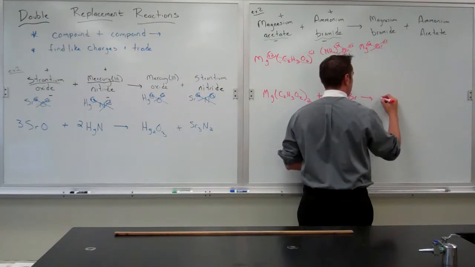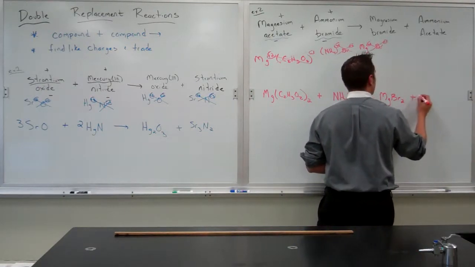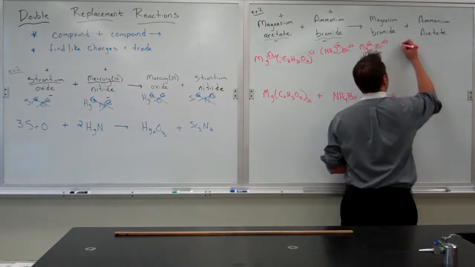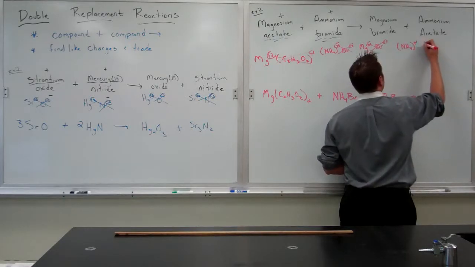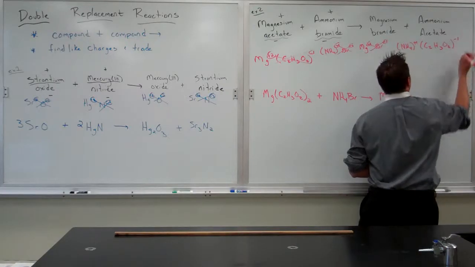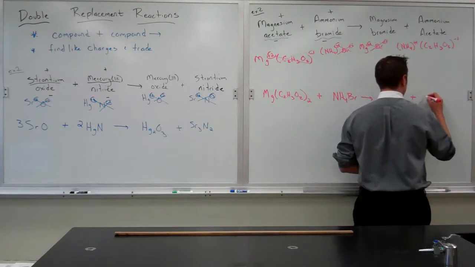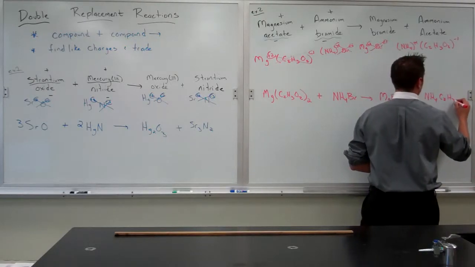Cross those down. MgBr2. And lastly, ammonium acetate, NH4 plus 1, C2H3O2 minus 1. Cross and reduce. NH4C2H3O2.